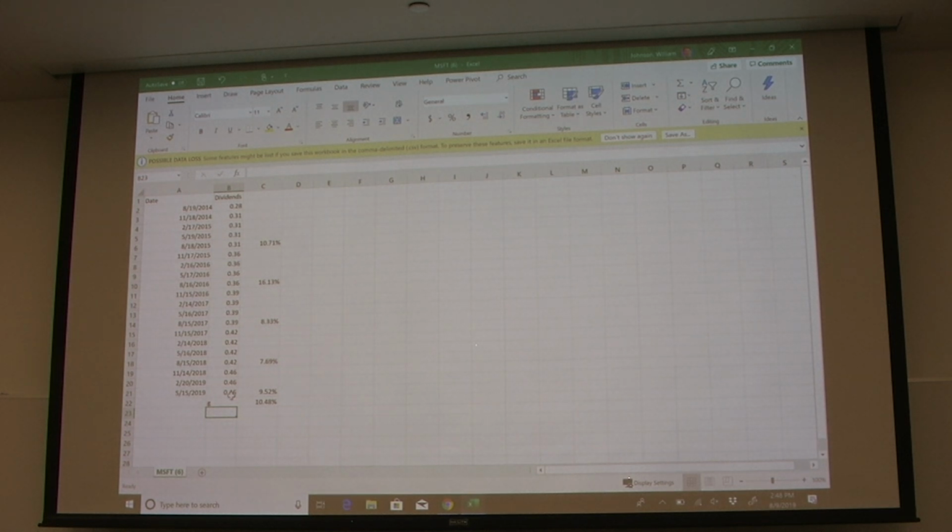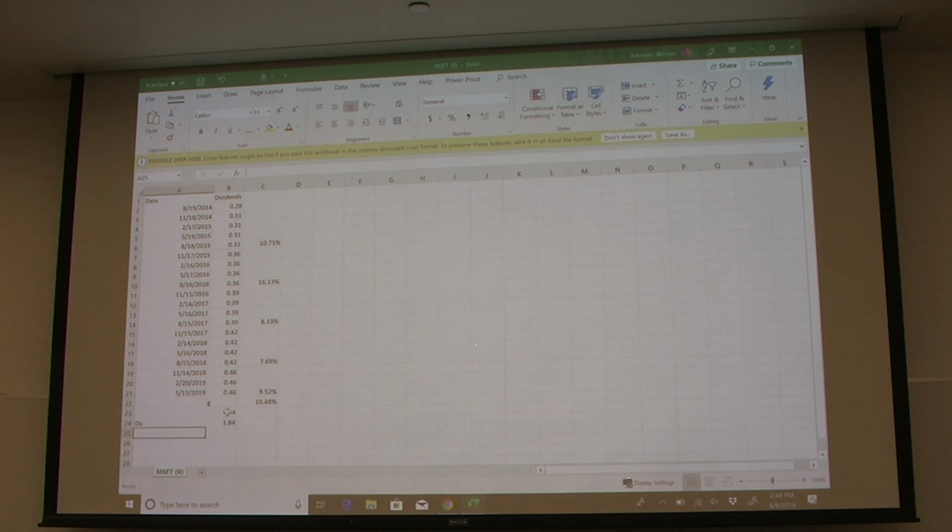So the yearly dividend of Microsoft is our quarterly dividend times 4. Our D sub 0, the last dividend for Microsoft over the last year, is $1.84.